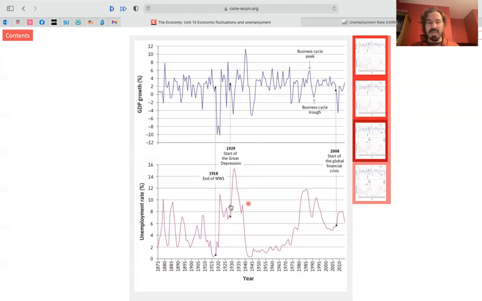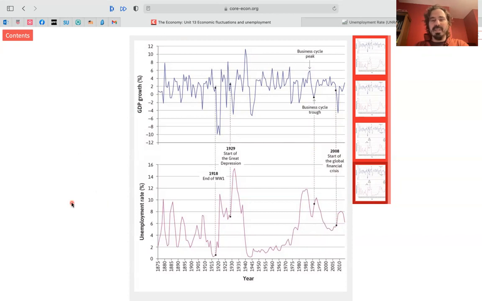For England, it goes up from the already high point at the end of World War One. Eventually, with World War Two, it starts to come back down again. Last point here, you can notice the start of the 2008 global crisis. We see GDP goes down and the unemployment rate in England goes back up.